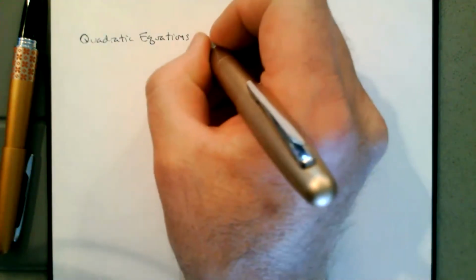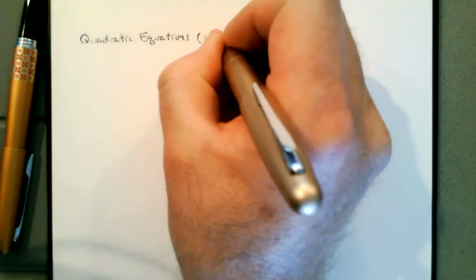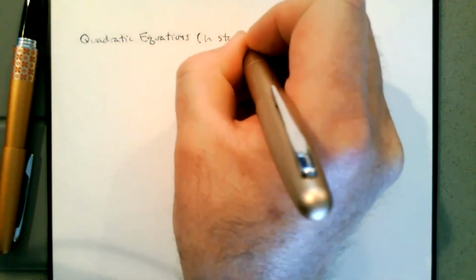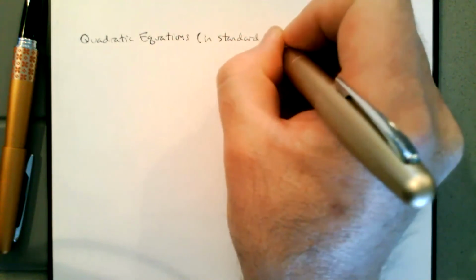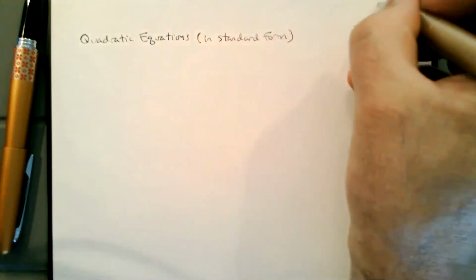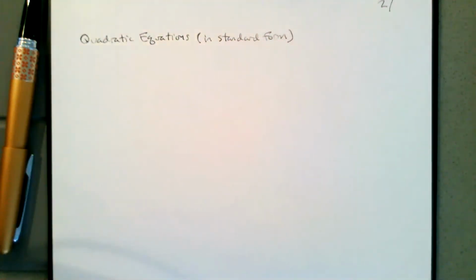Quadratic equations, I don't know why black ink is not getting along with me today. Quadratic equations are the first type of equation where the variable appears more than once, specifically quadratic equations in standard form.